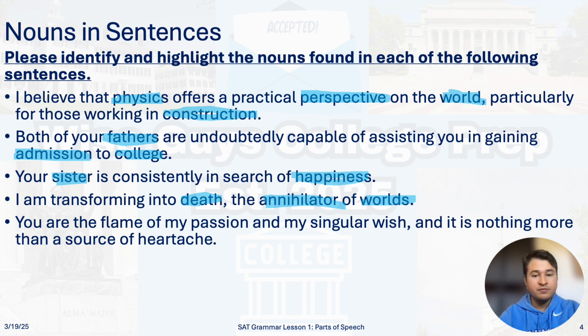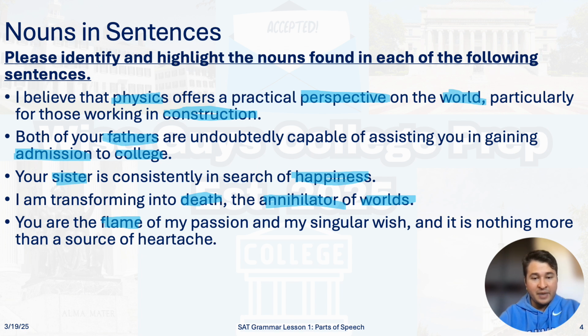You are the flame of my passion and my singular wish, and it is nothing more than a source of heartache. So flame is definitely concrete. A flame is just a visible gas, at least in physical terms.